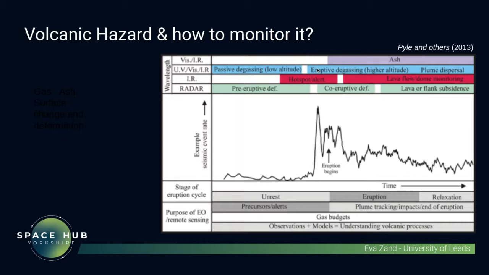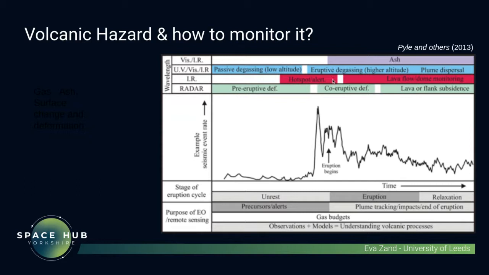And if it's a closed system, you'd only expect emitted gases when the eruption starts and throughout the period of the eruption. So if we are interested in gases, we could use satellite data, meaning ultraviolet or visible light or infrared, in order to look at gases prior to the eruption, during the eruption, and after the eruption.